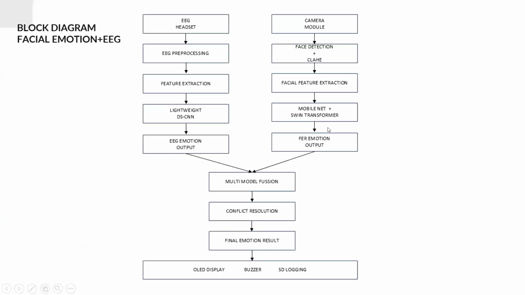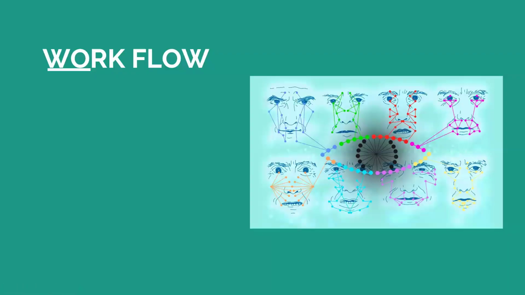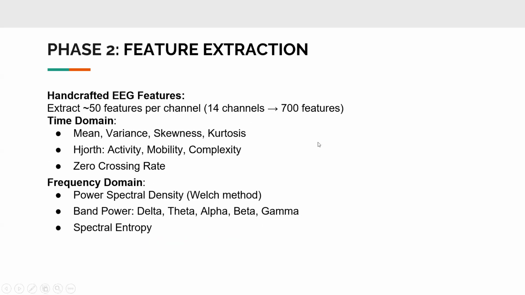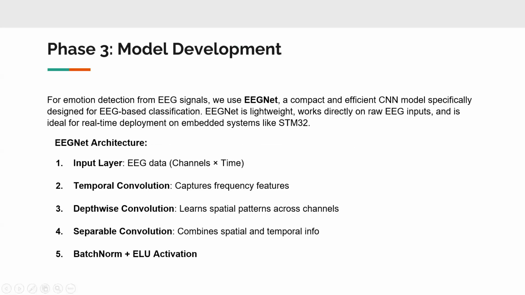Here they are combining the two, EEG and face. This is a use case of multimodal fusion, and based on the fused score, they calculate a happiness index score. For EEG they are using the KMEA dataset for model development, and different types of features are taken for EEG.